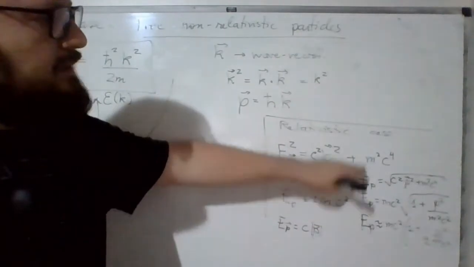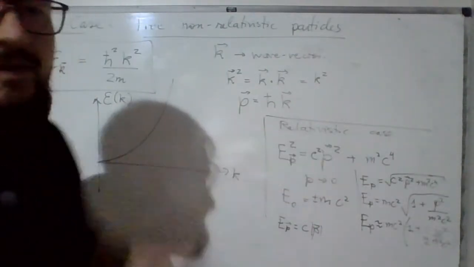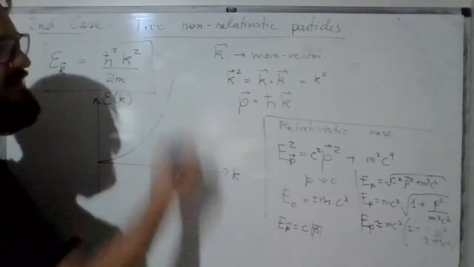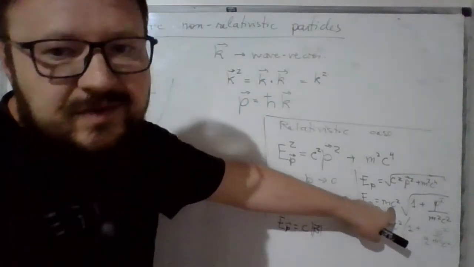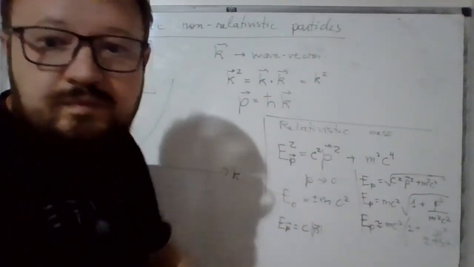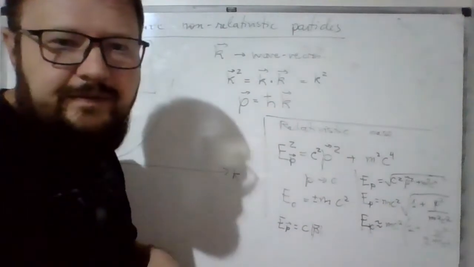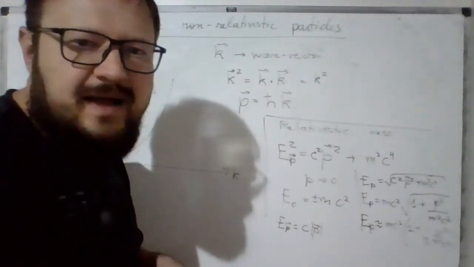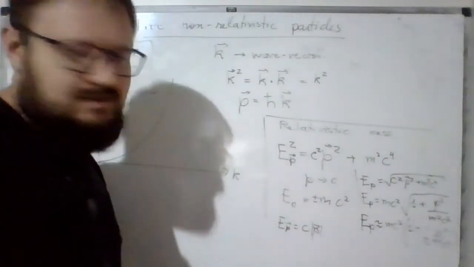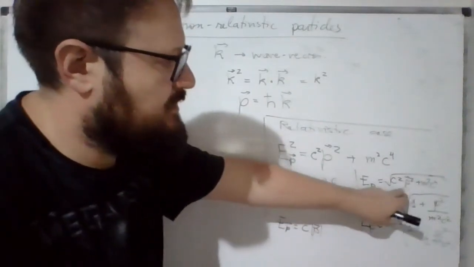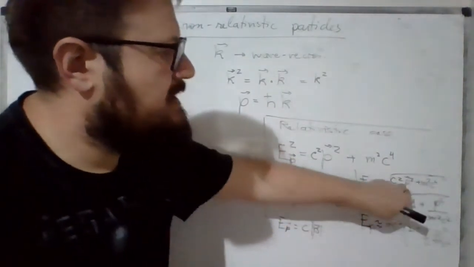So the relativistic case produces this case here in the limit of mc squared larger by one or two orders of magnitude at least than the kinetic term. So this factor dominates.